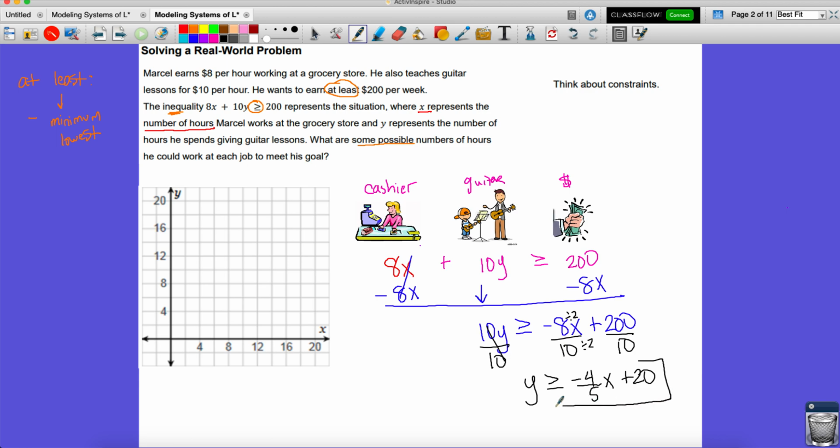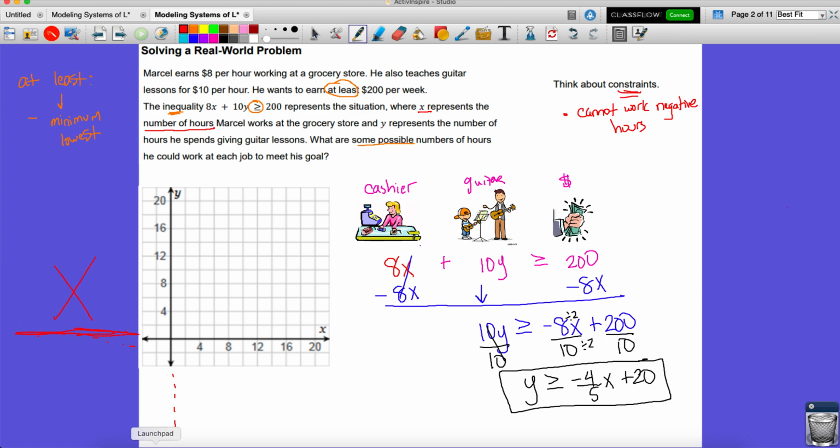Now this is totally graphable, and they've provided that here. So notice that this is not a complete graph. Technically, these graphs should go like this, but some of the constraints are that you cannot work negative hours. That would make no sense. Time is not negative, so all of this part of the graph is gone.